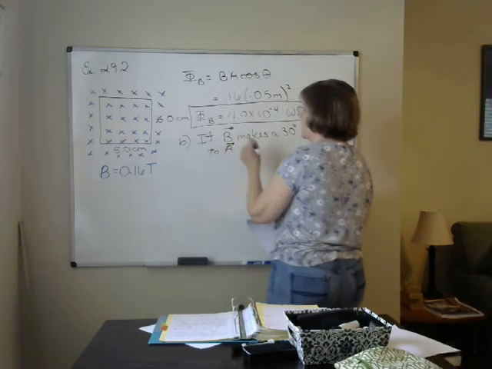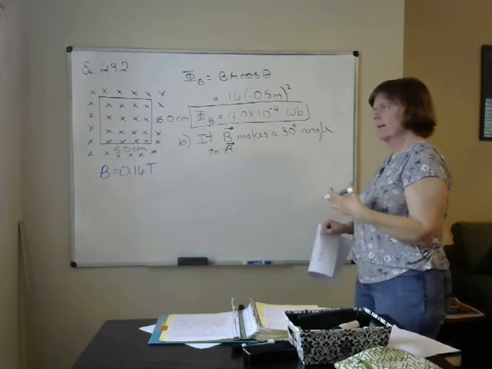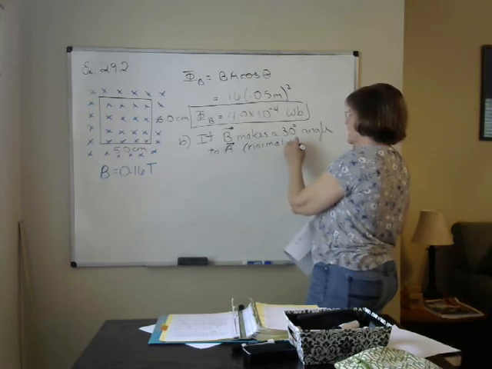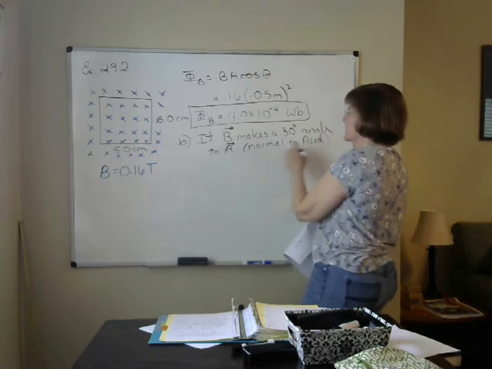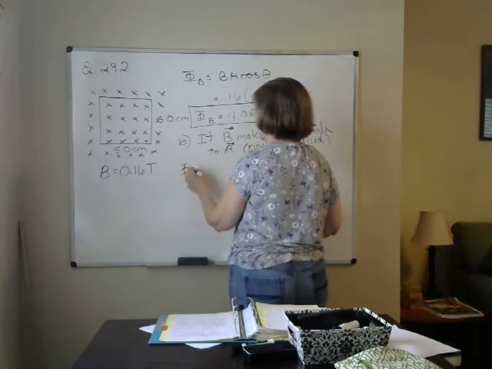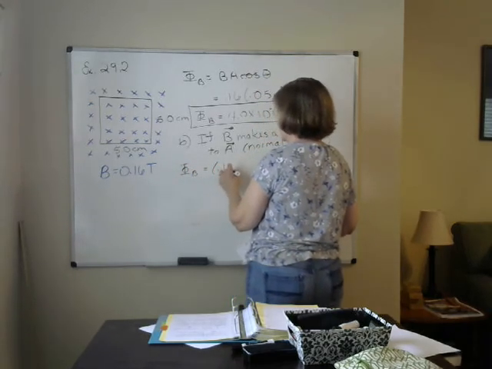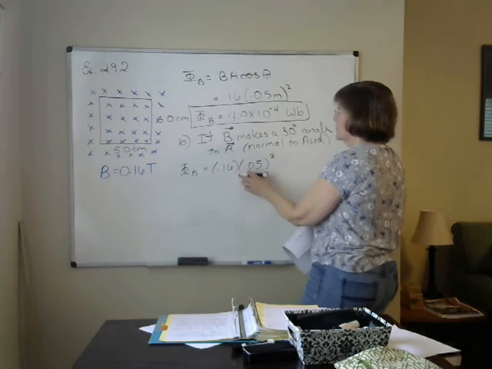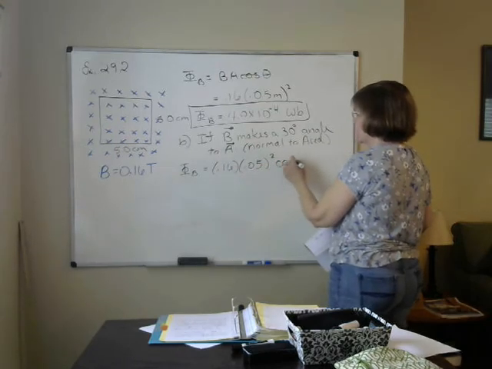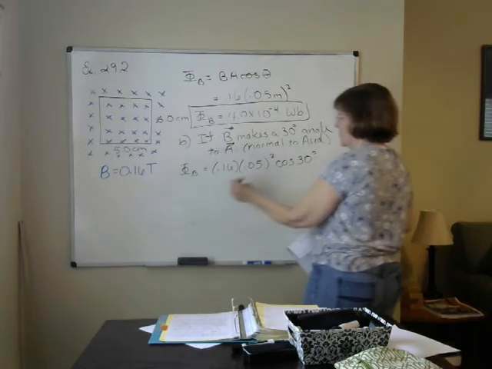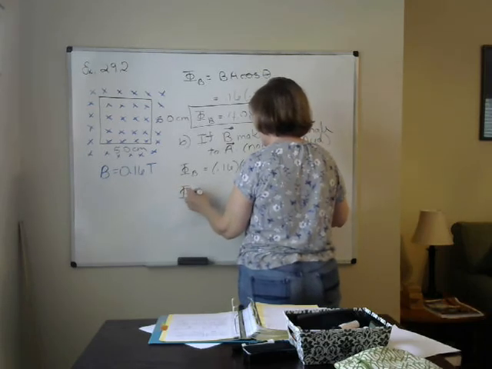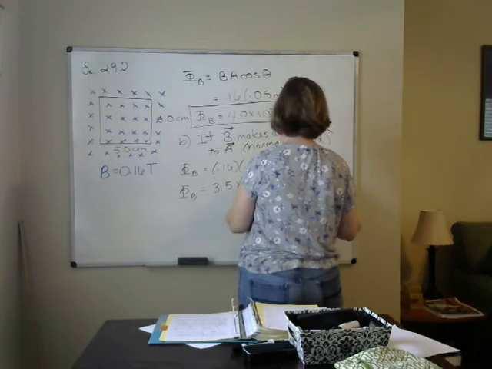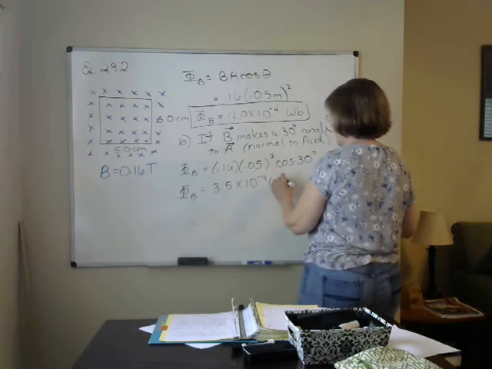Now, when they put that vector sign over A, what they really mean is the normal to A, the normal to the area. So, same formula. 0.16, 0.05 squared. There's B, there's A, but now we have cosine 30 degrees. So we find that now our flux has been reduced, and it's 3.5 times 10 to the negative 4th Webers.